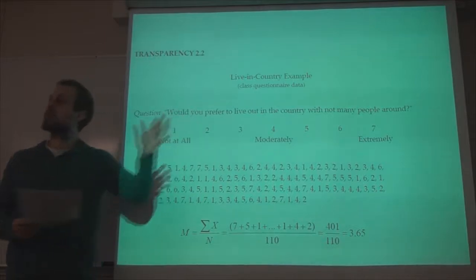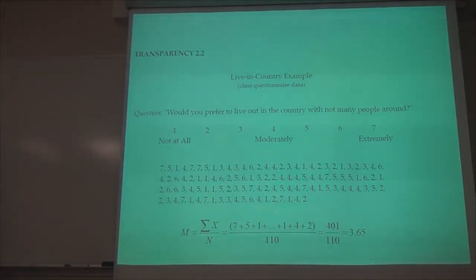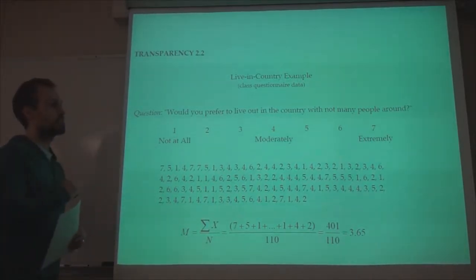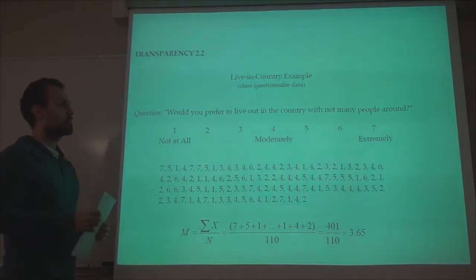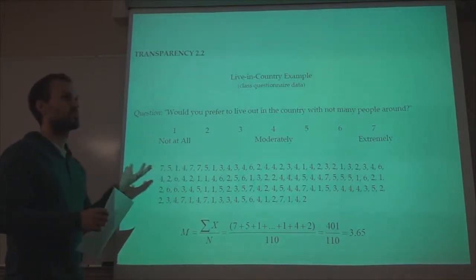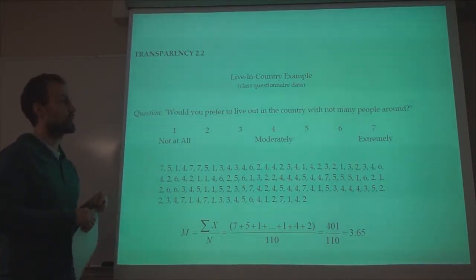Or does it fluctuate a lot, but in the end it averages out to be around 3.5? There's another property called the variability of the distribution, which is important to be aware of. How much fluctuation is there in the results that I get?